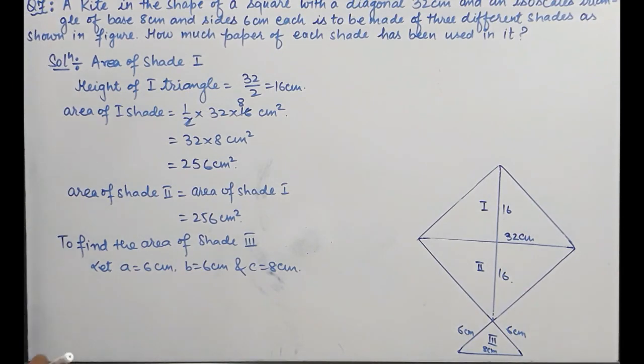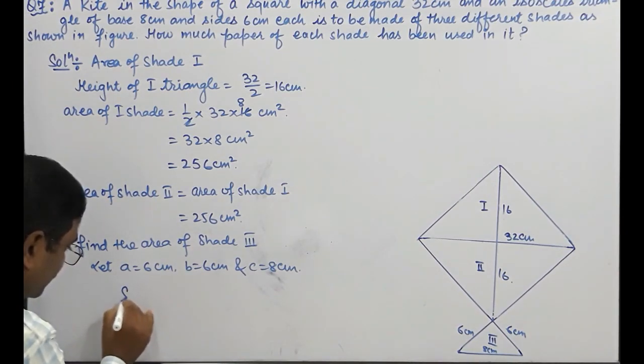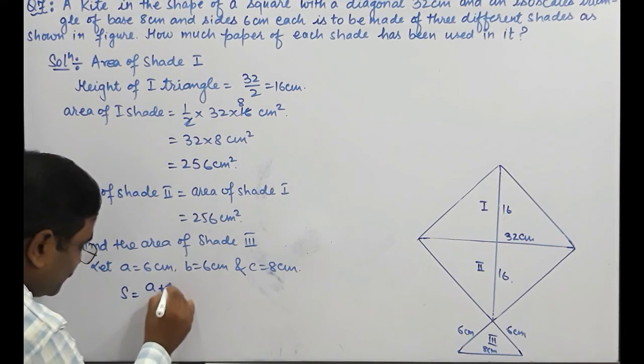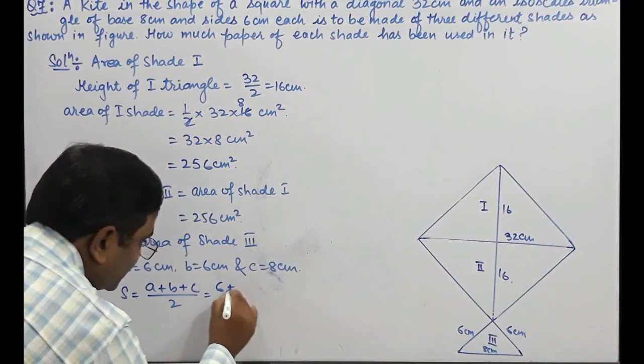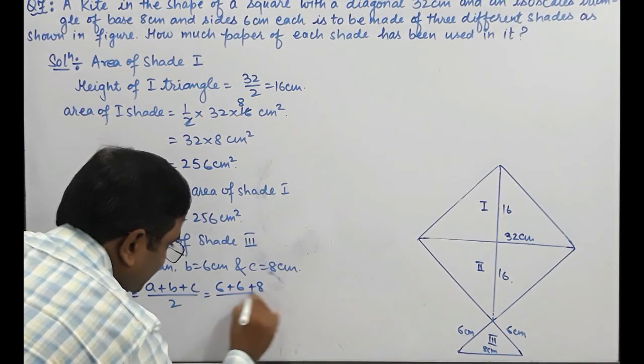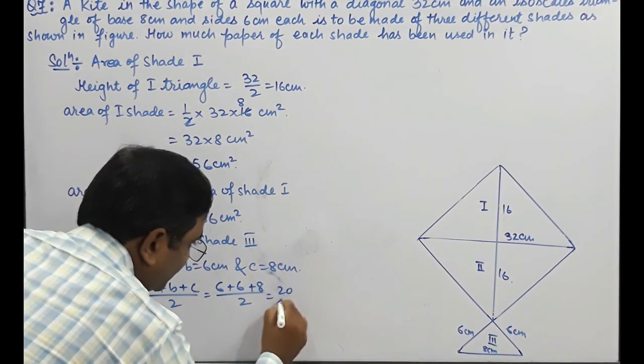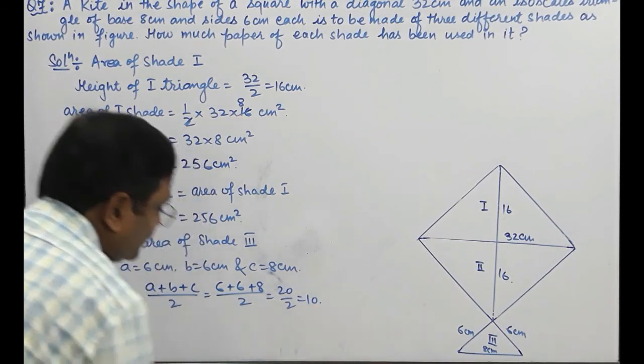So let us find the semi-perimeter. s is equal to a plus b plus c upon 2, which is 6 plus 6 plus 8 by 2, that is 20 upon 2, which is 10 centimeter.